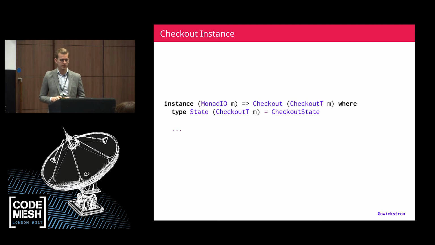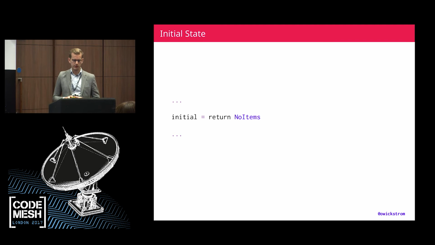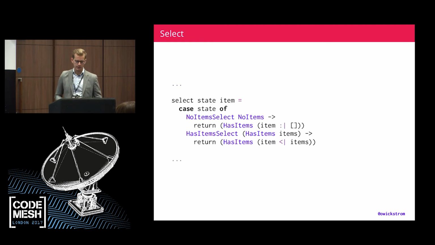So I'll show you a bunch of the implementations of these methods. So initial just returns no items, no side effects. Select prepends an item to a new or existing list, depending on where we came from. And notice how we work with our concrete data type here. Those no items and has items are the constructors from the GADT.